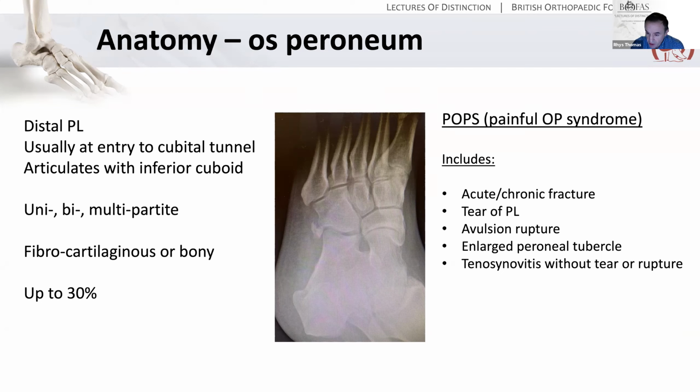It can also relate to an enlarged peroneal tubercle and tenosynovitis on the outside of the foot in the inframalleolar region without a tear or rupture.